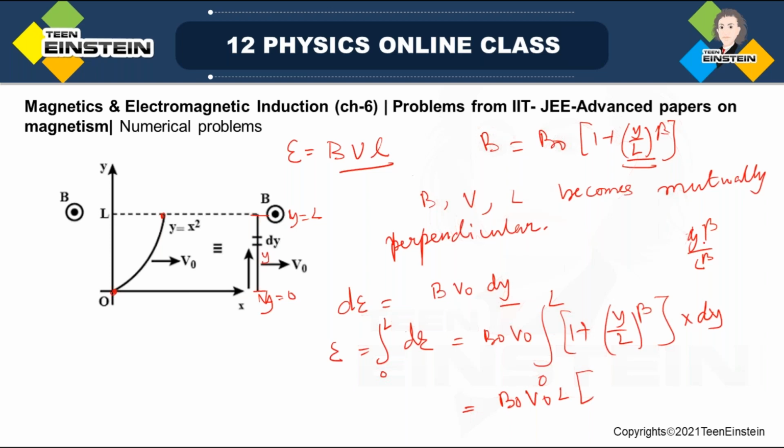Okay, beta will be L to the power beta here, and dy. That means beta plus 1 will be down.